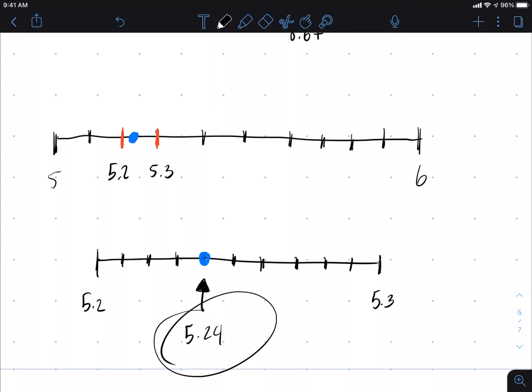Okay, good. So if this is 5.2 and this is 5.3, 1, 2, 3, 4, 5, 6, 7, 8, 9, that's 10. So then I know I'm going to go 5.21, 5.22, 5.23, 5.24. Make sense? Yeah, I got it now. Cool.